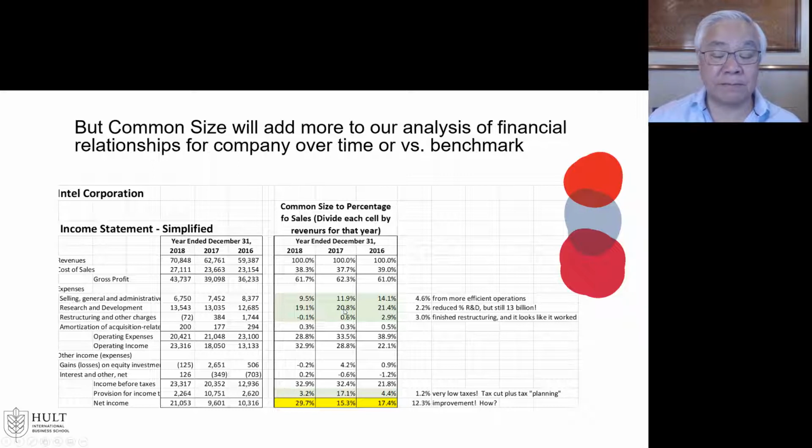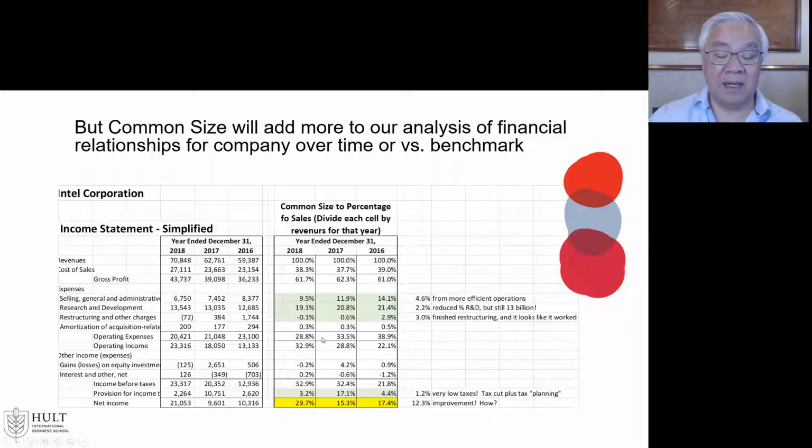Next is restructuring. It was a lot of money in 2016. 2.9% of sales to 0.6 to now negligible, right? Maybe even a negative number. So we finished our restructuring and it looks like things are paying off. Then we look at the bottom, provision for income tax went from 4 up to 17 to 3.2.